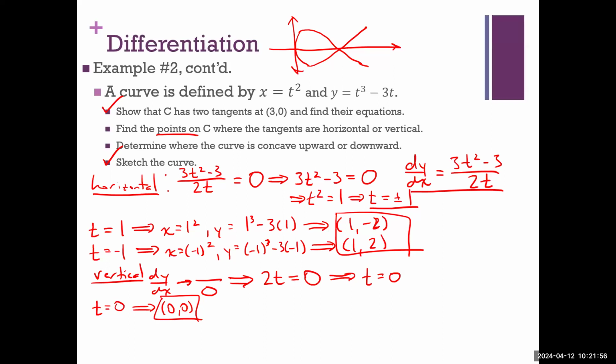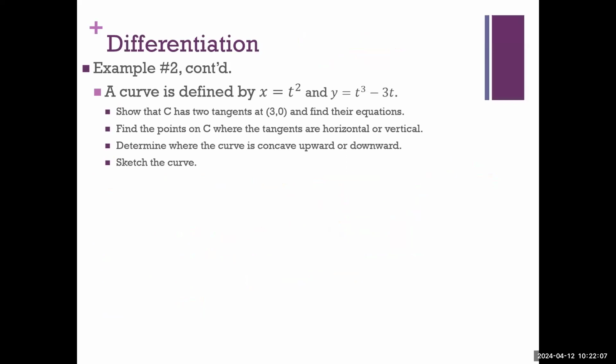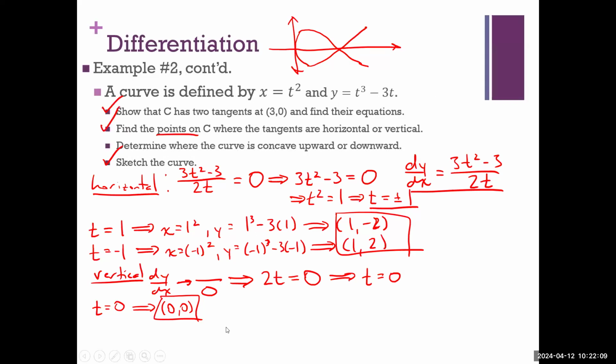Any questions so far? All right, so the last bullet we want to handle is where it's concave up and concave down. How do you answer that question? What tells you the concavity of a function? Second derivative, right?